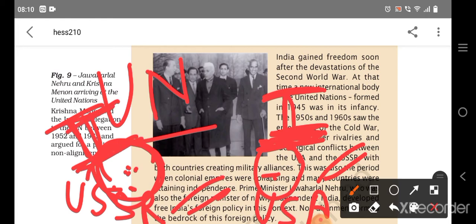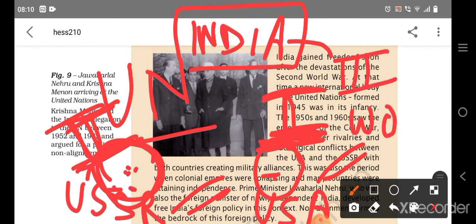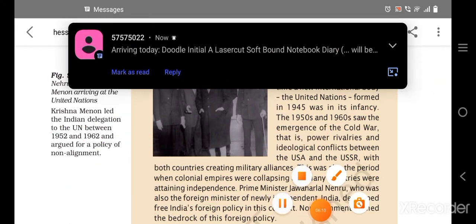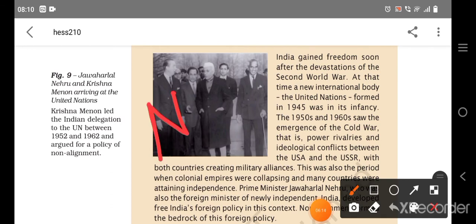Now it comes to India. What should India do? India was so confused. Our Prime Minister at that time, Jawaharlal Nehru, thought he should make a third world. He began a non-alignment movement, in short form NAM.